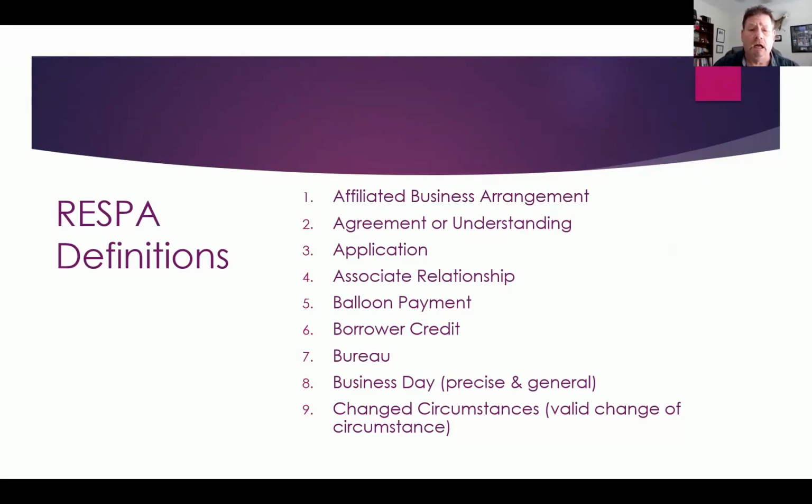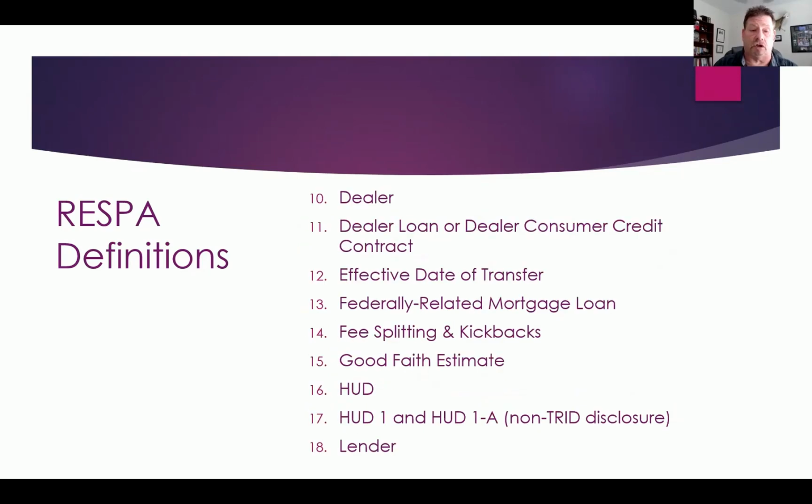Affiliated business arrangement, agreement or understanding, application, associate relationship, balloon payment, borrower, credit, bureau, business day, both precise and general, changed circumstances, also referred to as a valid change of circumstance, dealer loan or dealer consumer credit contract, effective date of transfer, federally related mortgage loan, fee splitting and kickbacks, good faith estimate, HUD, HUD-1 and HUD-1A, which are applicable to loans not subject to the TILA-RESPA integrated disclosure rule.